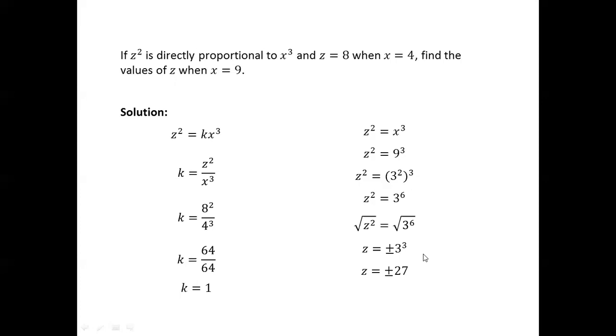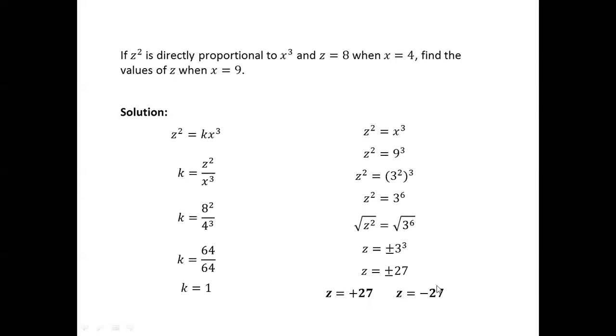This means that the z value can either be positive 27 or negative 27. Now, why is this the case? Notice that in the equation for this scenario, z was squared. If you square positive 27, the result will be a positive number.